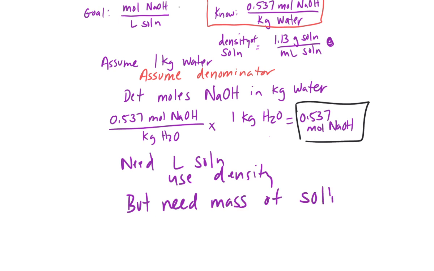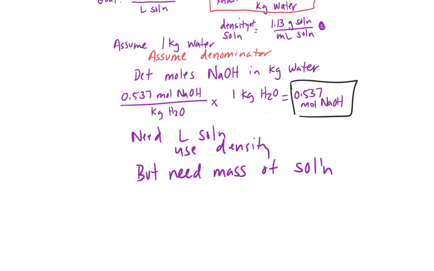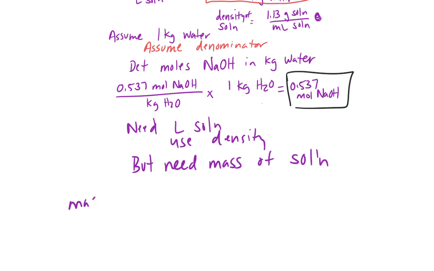But we need to know the mass of the solution. Right now, we only know the mass of the solvent. We know our moles of sodium hydroxide in our solution. We know the mass of solvent. We do not know the mass of the solution. Mass of the solution is going to be the mass of the solute plus the mass of the solvent.